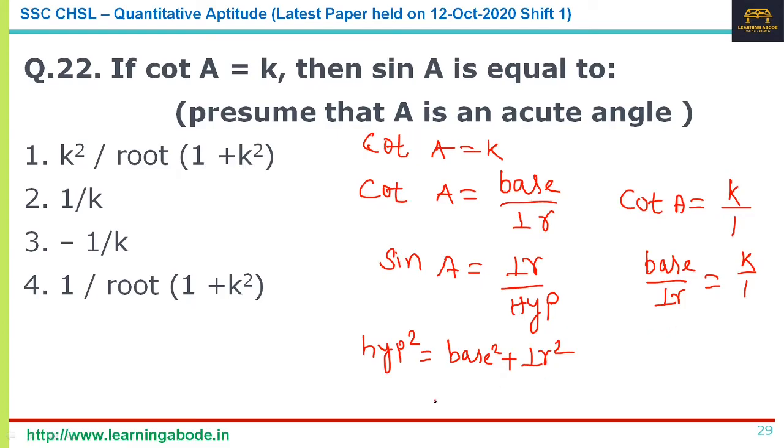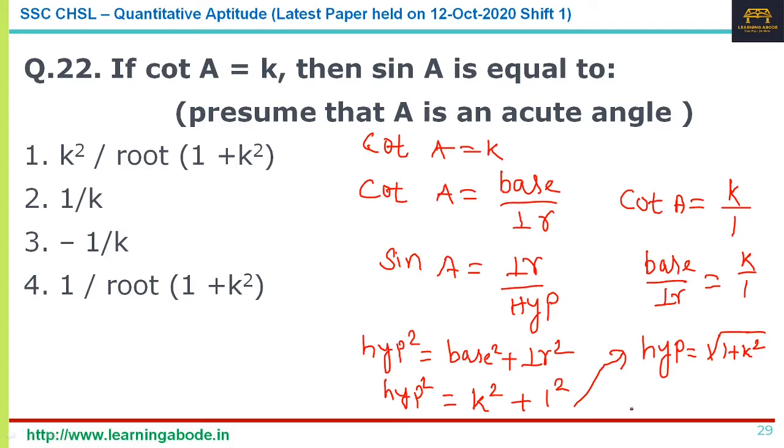Hypotenuse square is equal to K square plus 1 square, since I can take base as K and perpendicular as 1. So hypotenuse is equal to root of 1 plus K square.